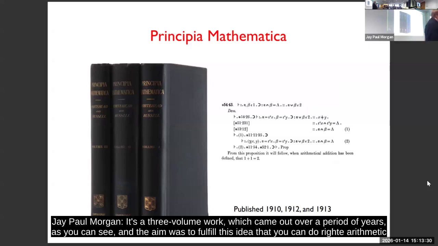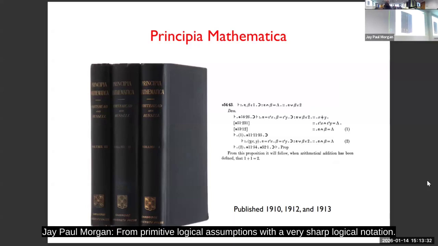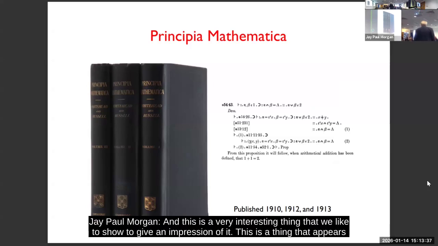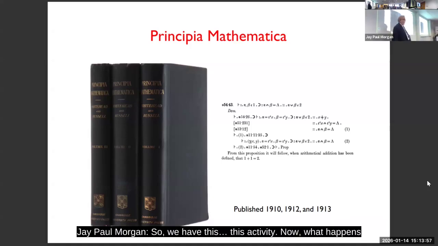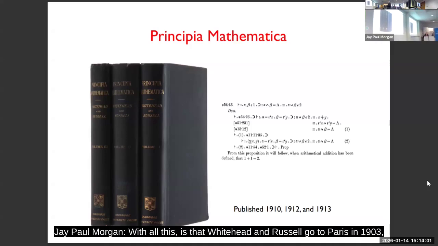And the aim was to fulfill this idea that you can derive arithmetic from primitive logical assumptions with a very sharp logical notation. And this is a very interesting thing that we like to show to give an impression of it. This is a thing that appears that is essentially the 1 + 1 is 2, and that is deep in the book. So we have this activity.